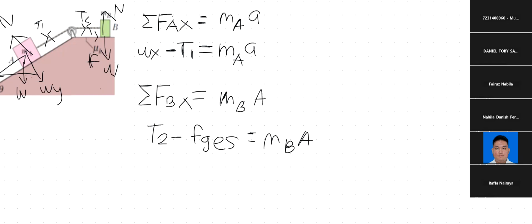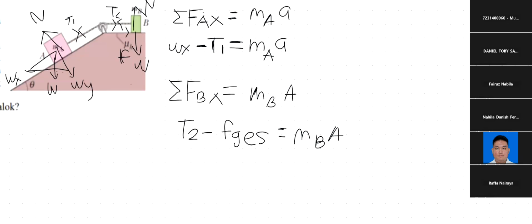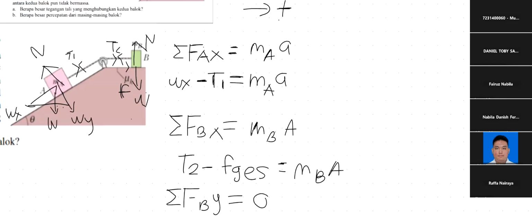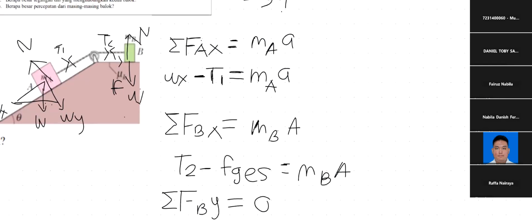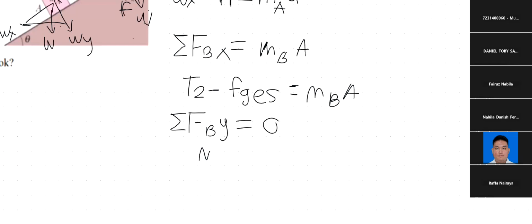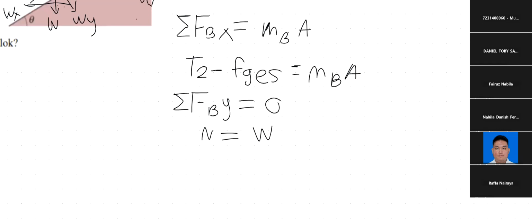Now we have to also take a look at the Fy. It's going to be 0 because there's no movement towards the y-axis. So it's going to be straightforward. The normal force is going to be equal to W, which is simply the mass of B times gravity.